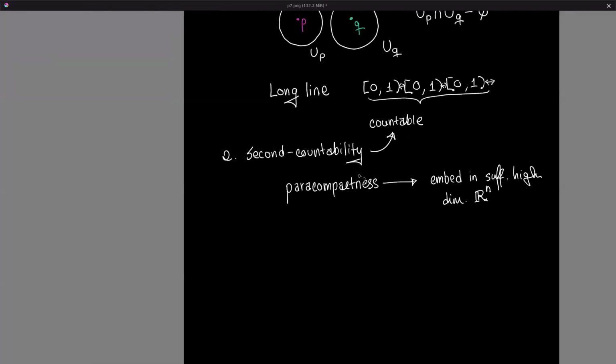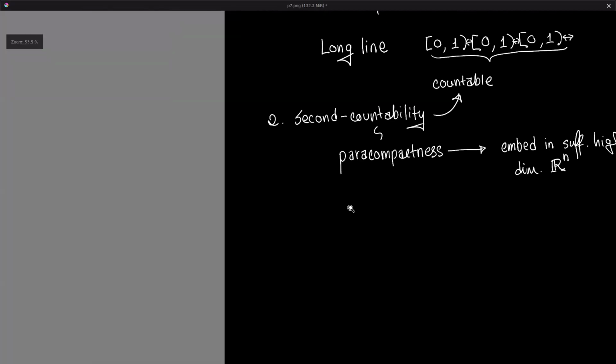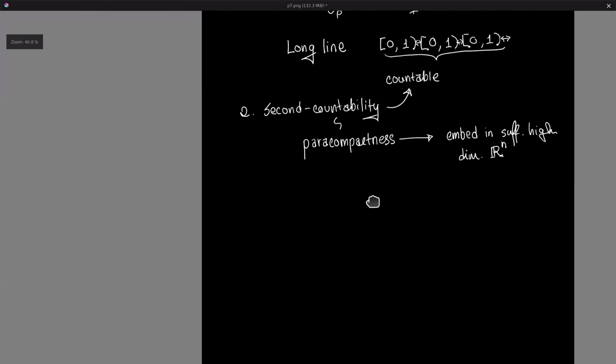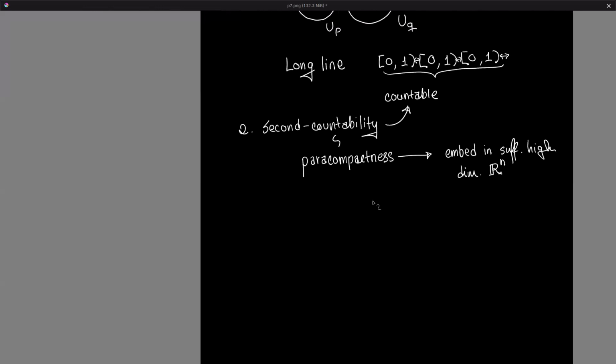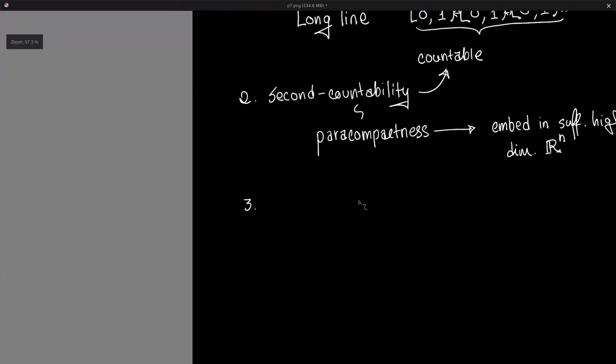The third thing that we want is less of a niceness property and more of the definitional one, what is going to define something to be a manifold.